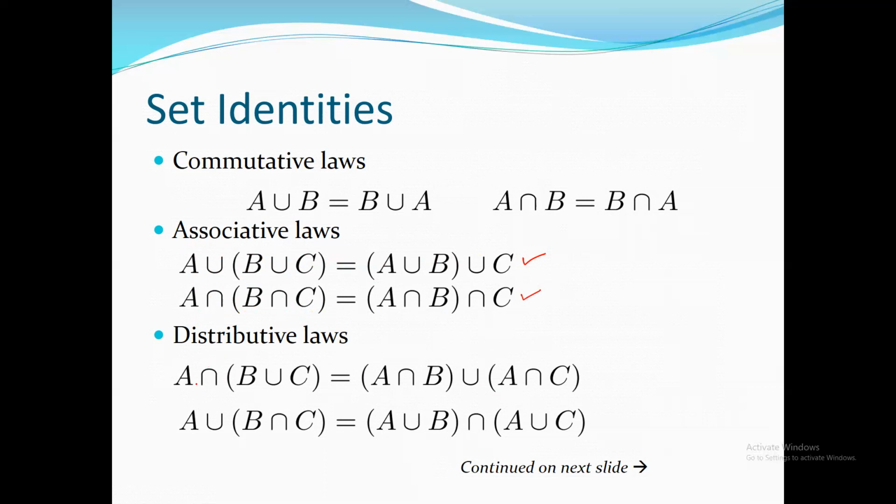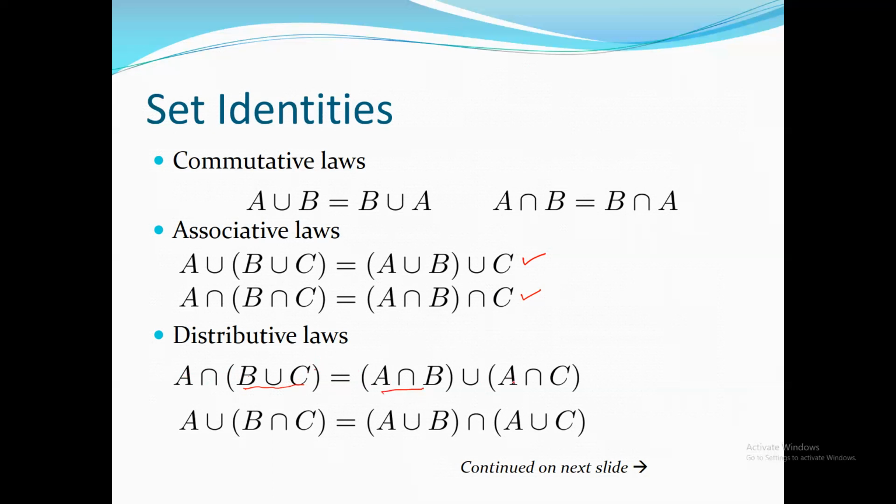Distributive law. Distributive law says if you take A intersection with B union C, what you can distribute is A. These are similar laws that we have seen in propositional logic. You can say A intersection B, and then take A intersection C, and take the union of the results.